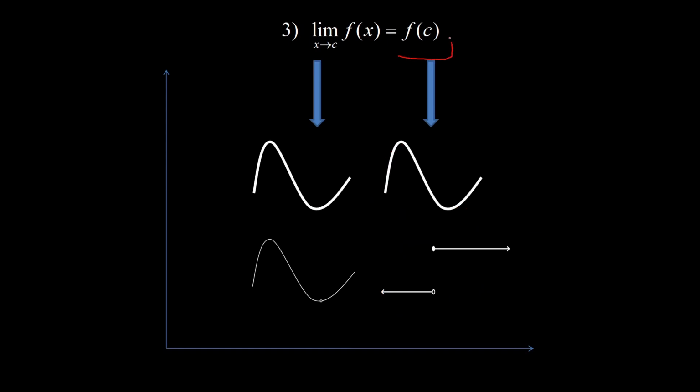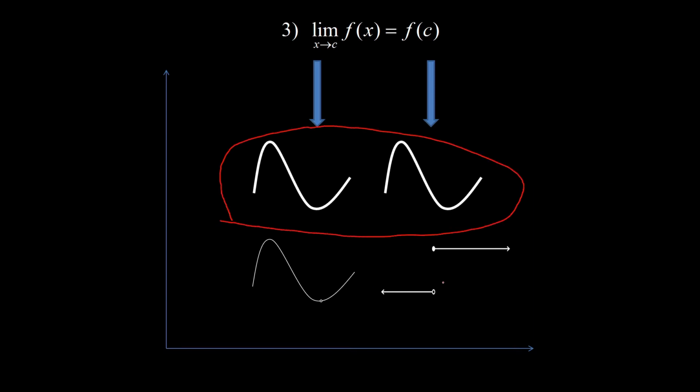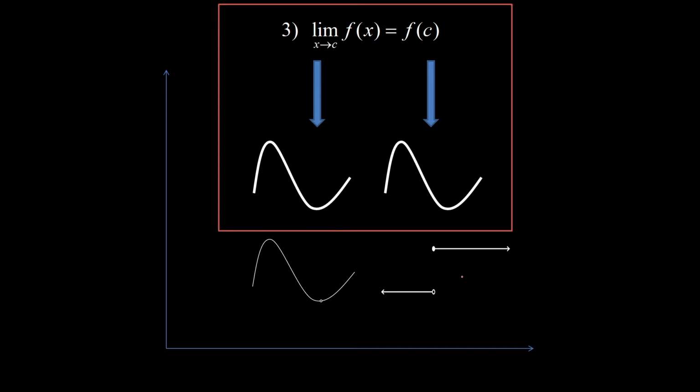So to get just a nice solid line, we then demand that these equal. If we demand these equal, then we know we're in this region here where they're both giving us a solid line. And this is continuity.